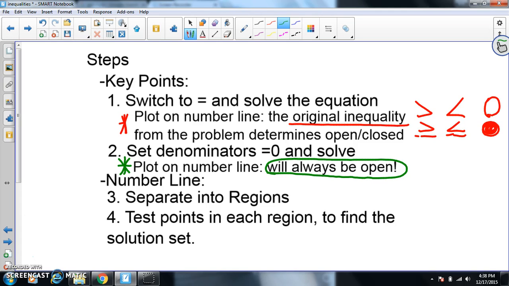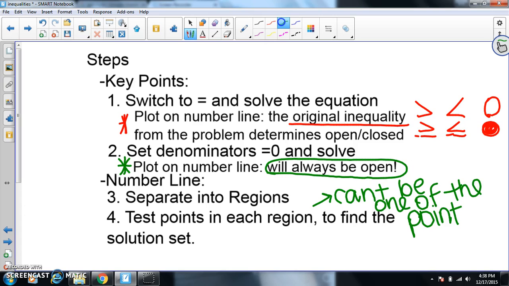Then once we go to the number line, we're going to separate our number line into regions. Those regions are determined by the points that we just found. Then we need to pick a test point in each region. Notice this can't be one of the points on the border of the region, and we want to plug those test points into our original inequality.